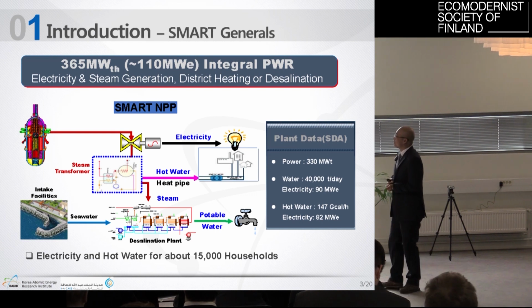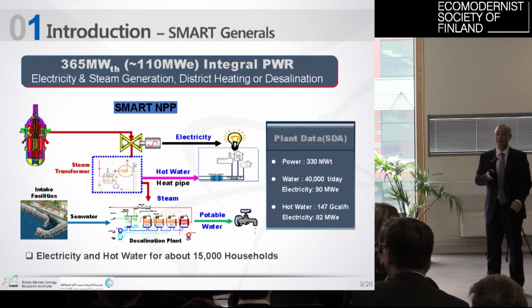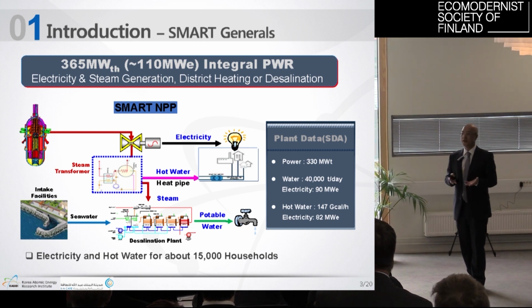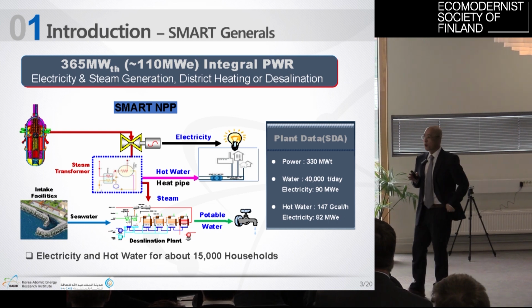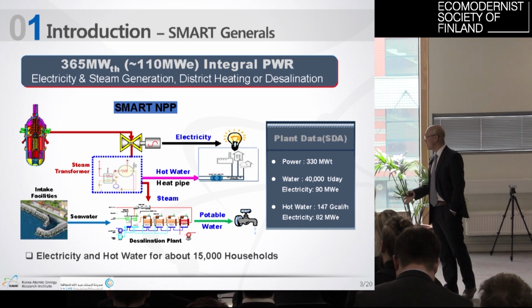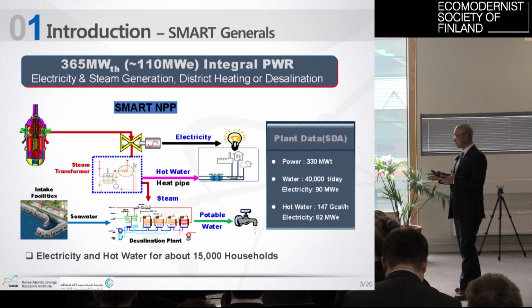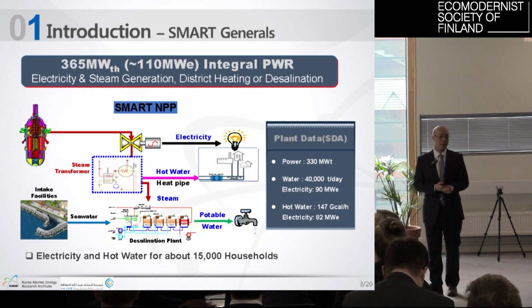Okay, please allow me to get started with SMART general description. SMART is an integral type PWR small modular reactor with 365 megawatts thermal. It is a multi-purpose reactor for electricity generation, district heating, or desalination. SMART is estimated to supply electricity and hot water for about 15,000 households.